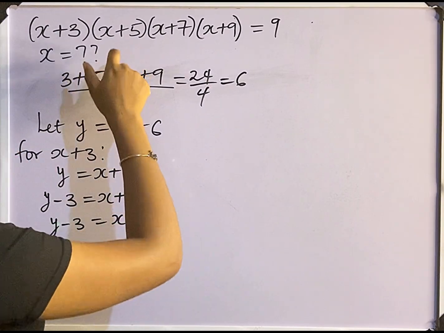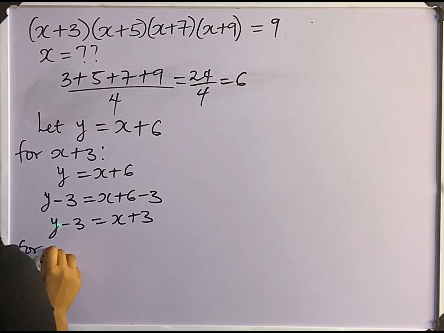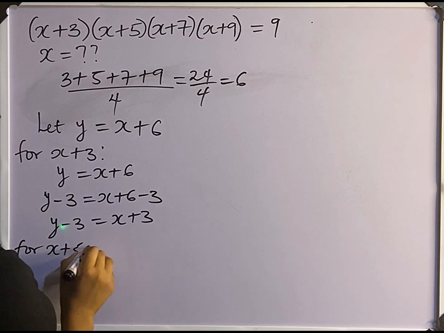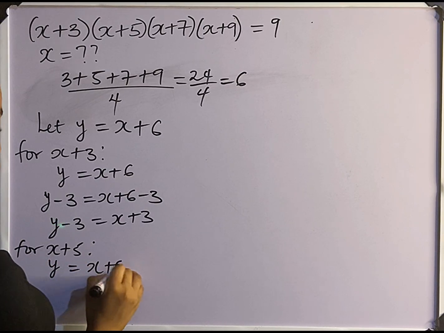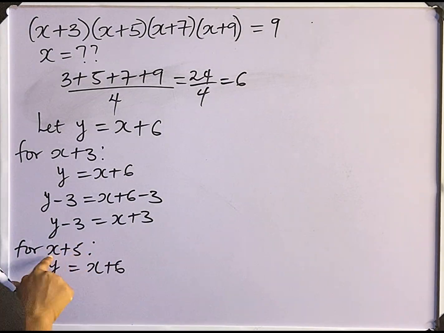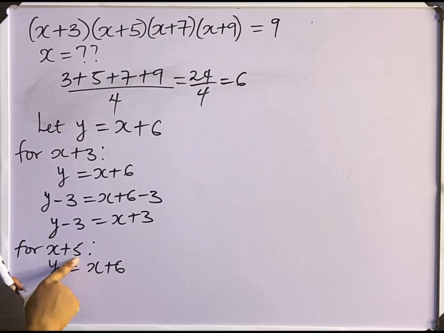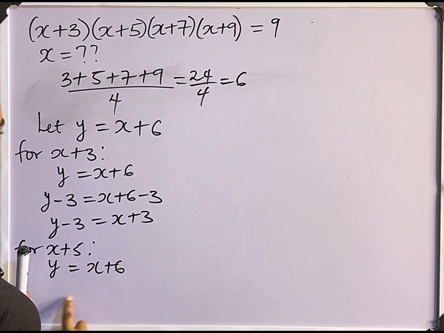Now how do we rewrite x plus 5 in terms of y? We have y equals x plus 6. What do we do to this equation to get x plus 5? I'm going to subtract 1 from both sides.